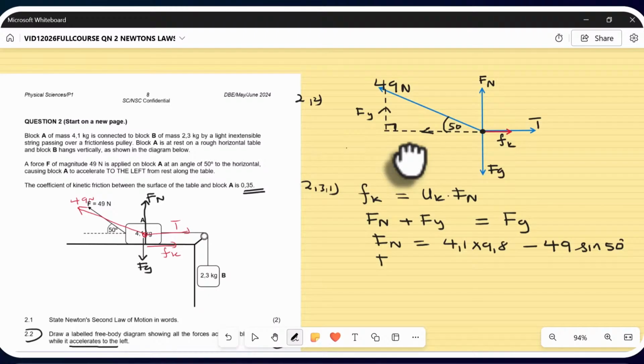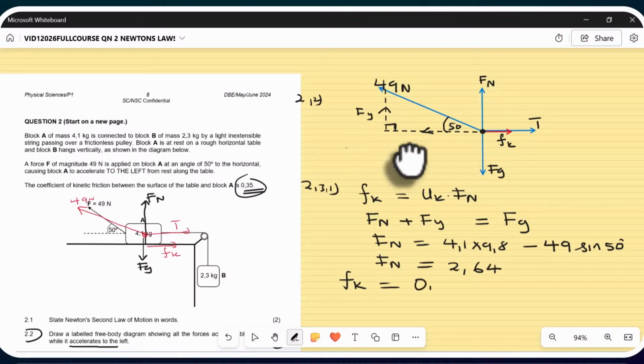After getting 2,64, don't forget we're looking for the frictional force, that is the kinetic frictional force, given by the coefficient 0,35, like they said there, multiplied by the normal force, which is 2,64. And the calculators, what do you get there?